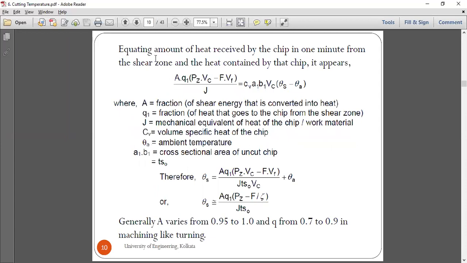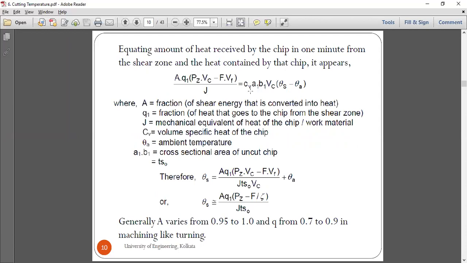Now equating the amount of heat received by the chip in 1 minute from the shear zone and the heat content of the chip, it appears that A Q1 into (PZVC minus FVF) by J equals CV.